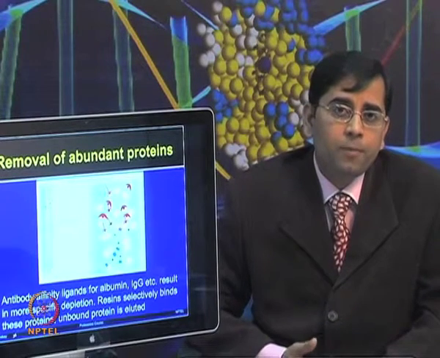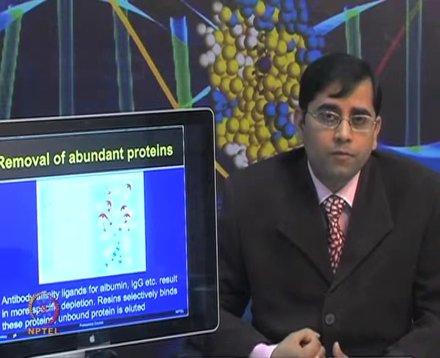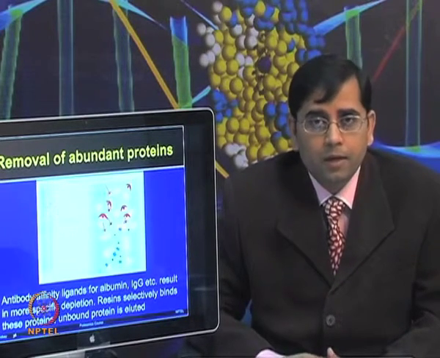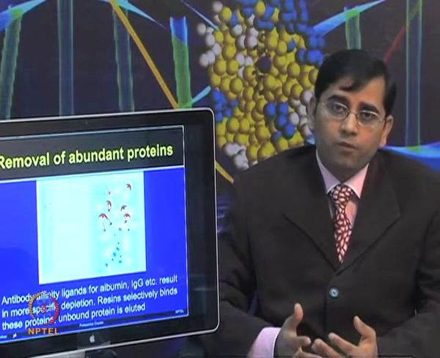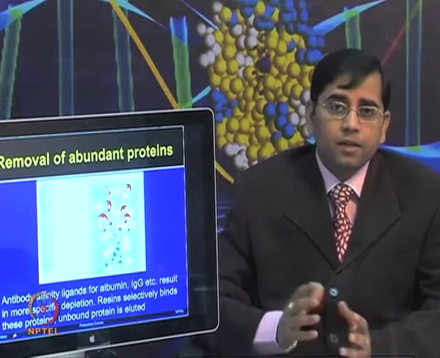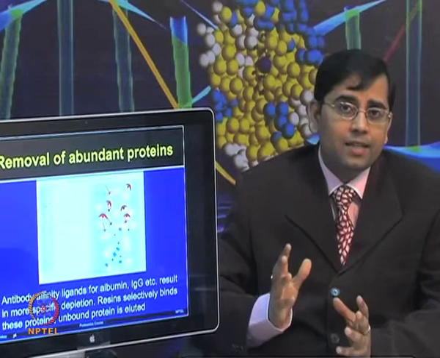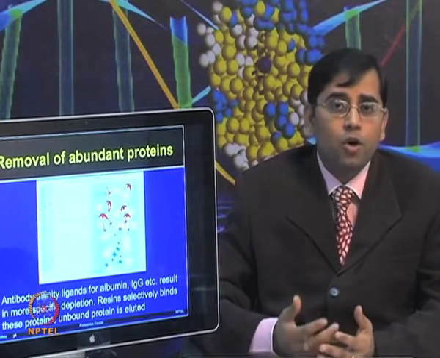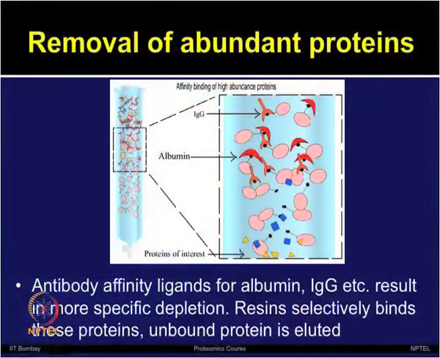The affinity chromatography based methods are highly efficient for specific removal of these abundant proteins present in the serum, because there is always that fear with the molecular weight cutoffs, whether along with albumin and other high molecular weight proteins, you will also get rid of various high molecular weight proteins which are non-abundant. So, the affinity based methods ensure the specific targeting of albumin, IgG and other specific abundant proteins.